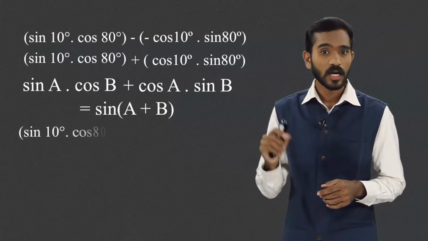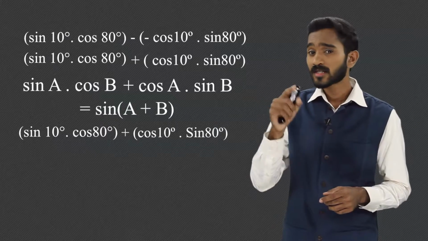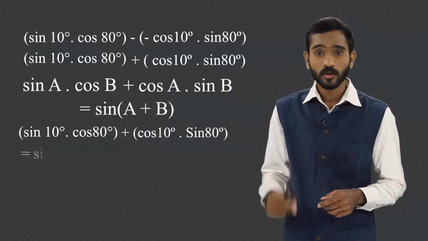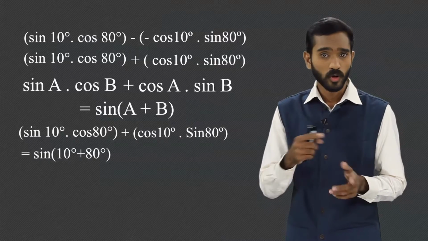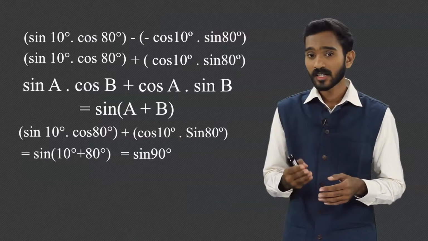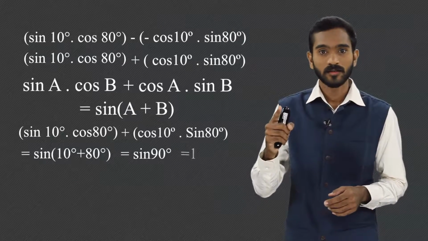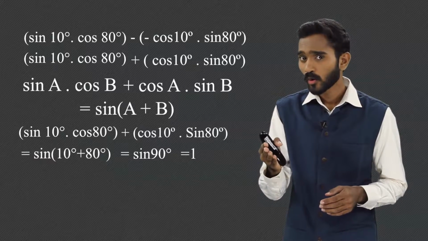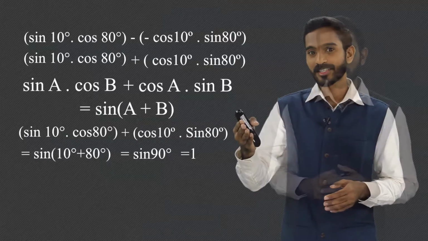Sine 10 degree cos 80 degree plus cos 10 degree sine 80 degree is equal to sine 10 degree plus 80 degree. What is 10 plus 80? That constitutes 90. And so the equation is sine 90 degree, that is equal to 1. So we have proved LHS is equal to RHS.